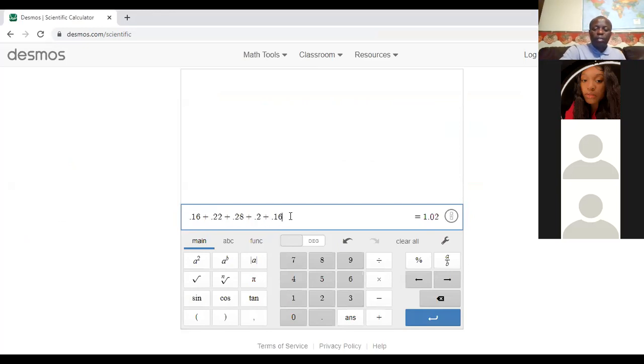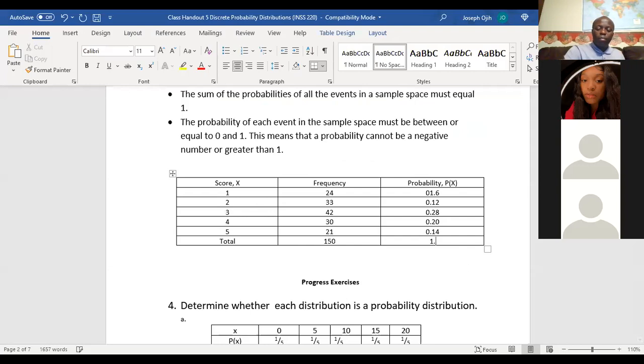Oh, I put 16, so 14. 0.14. That gives me 1 here. See, it's 1.00. So that means that it is a probability distribution. So this is the score and their corresponding probabilities, which is P(x).